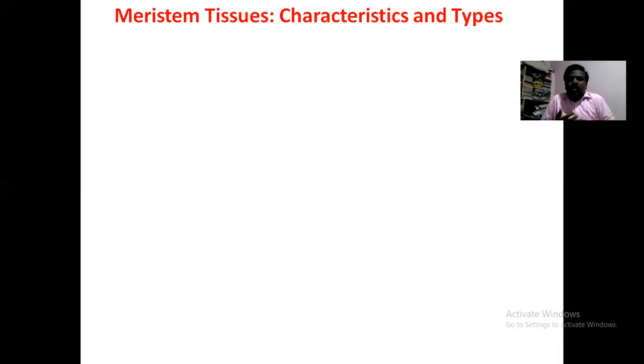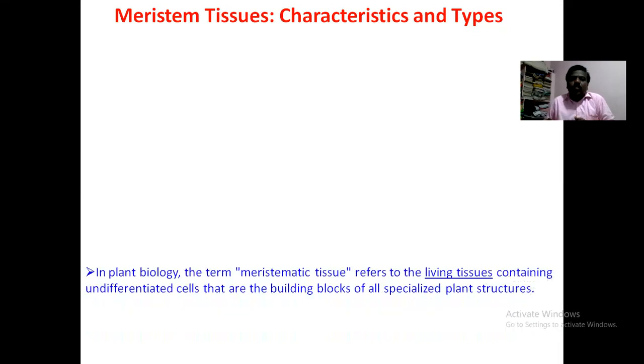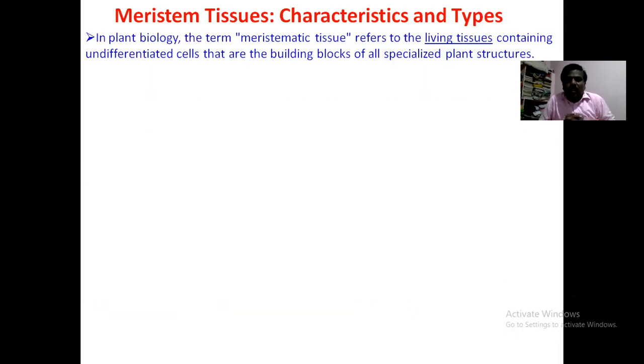The permanent tissues are produced by meristematic tissue. The term refers to living tissue containing undifferentiated cells that build the plant body. The meristematic tissues build up the plant body and its specialized structures.